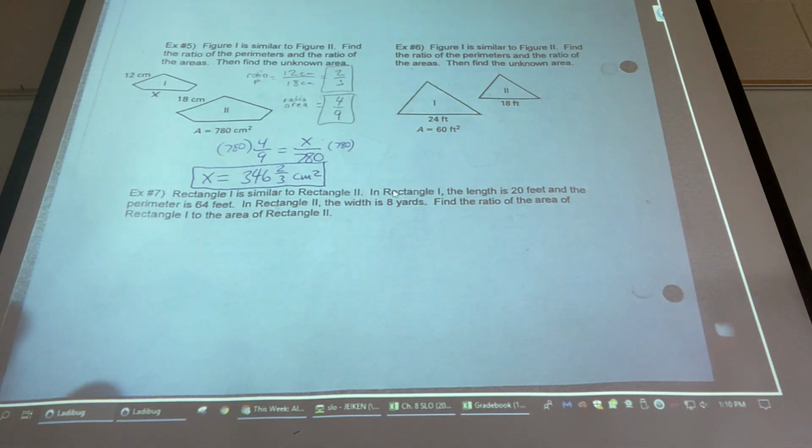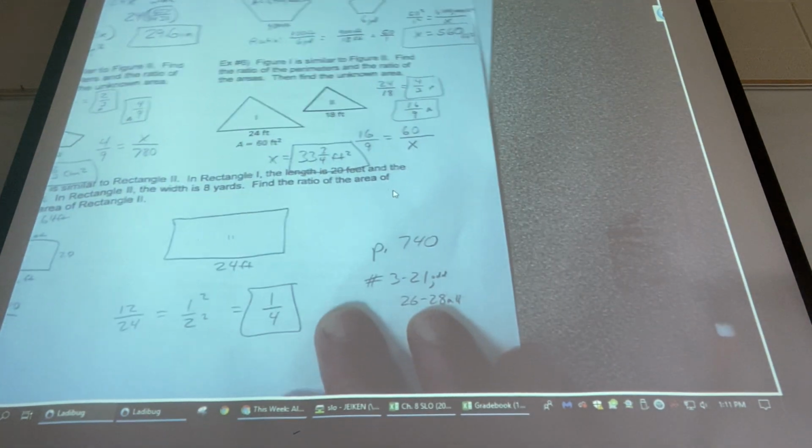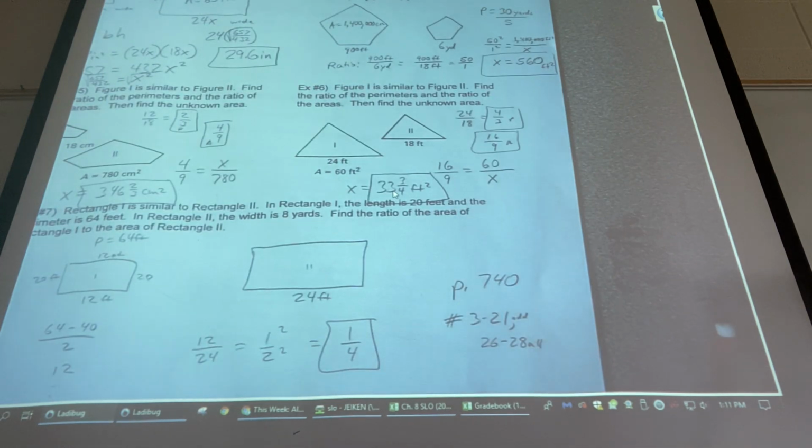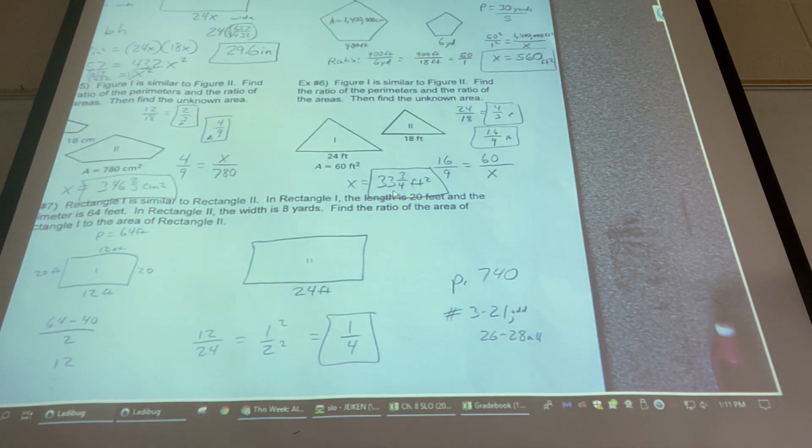Show of hands, how many of you are done with number 6? Okay, I'm going to go ahead and just show that and see if you agree. I might have come around and checked you on this one. More fractions, huh? Scary.